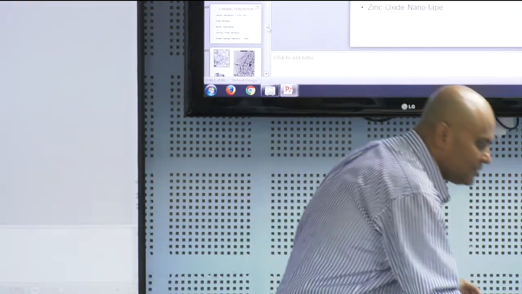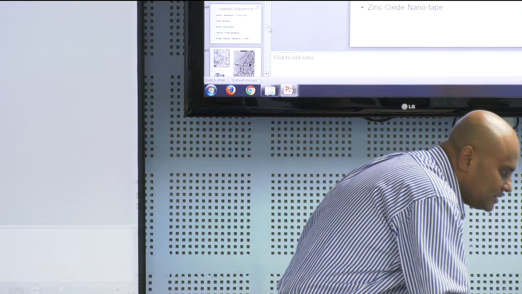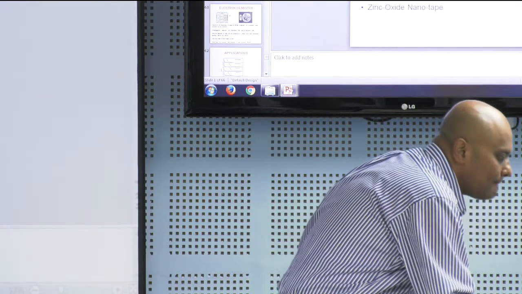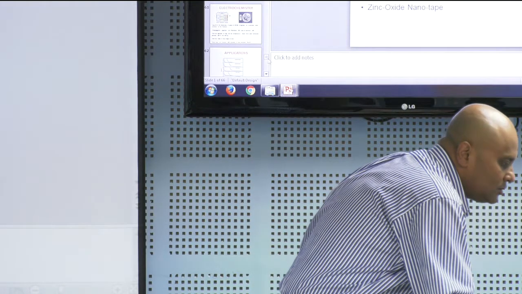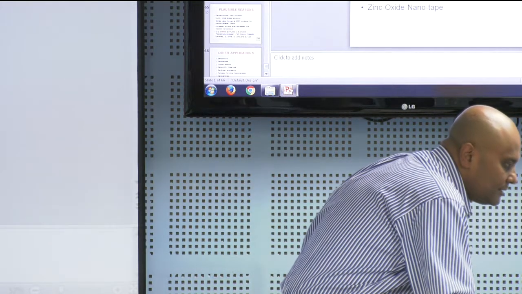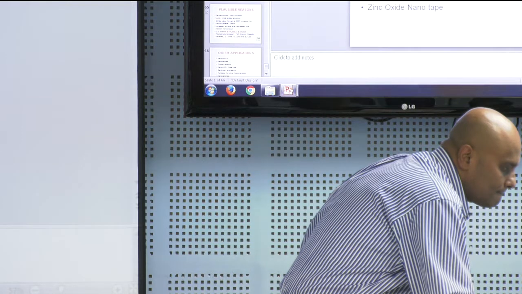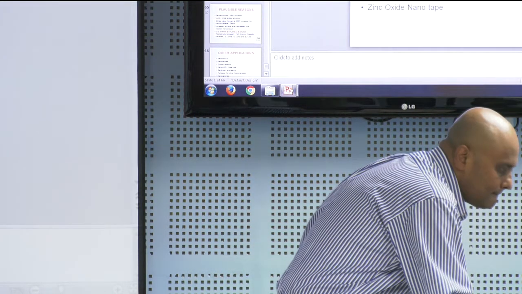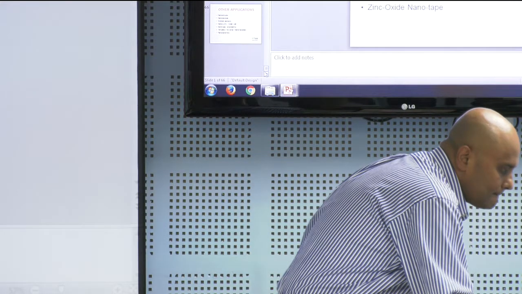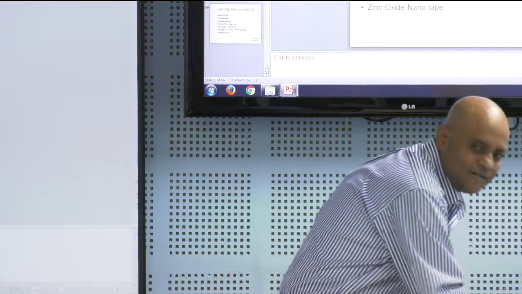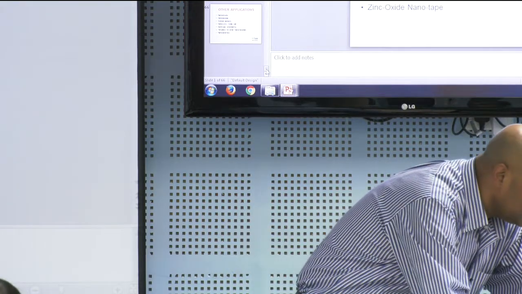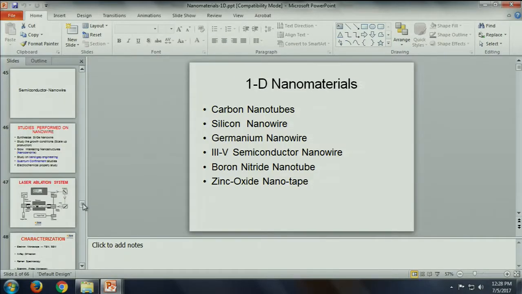I thought I had the graphene transparency here, but I am not seeing the graphene one, because I thought with carbon nanotube we would go to graphene. Okay, next one. Do you have graphene in your, when I converted the PDF to the PowerPoint, I think I made a mistake, I did not convert the correct one.